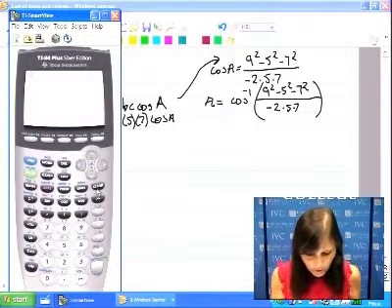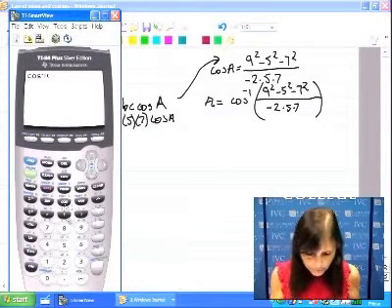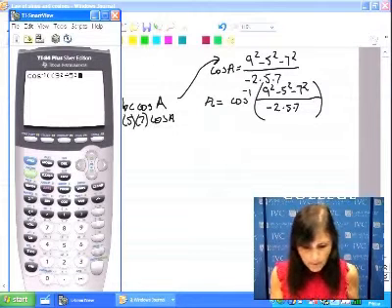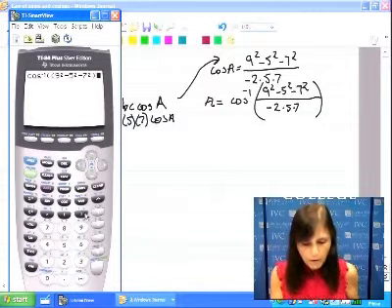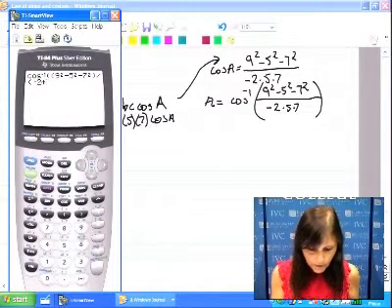You put cosine inverse of 9 squared minus 5 squared minus 7 squared, all divided by negative 2 times 5 times 7.